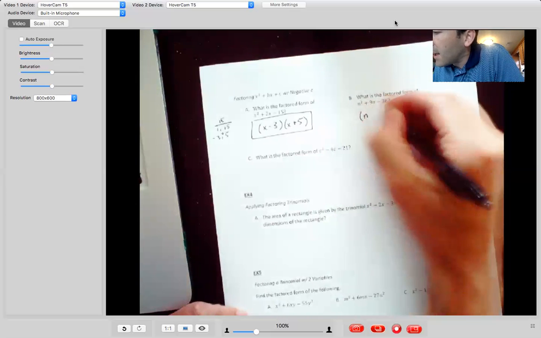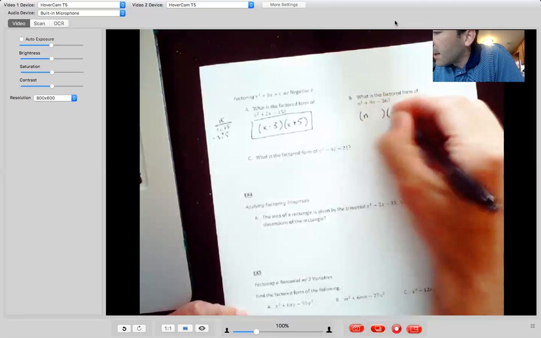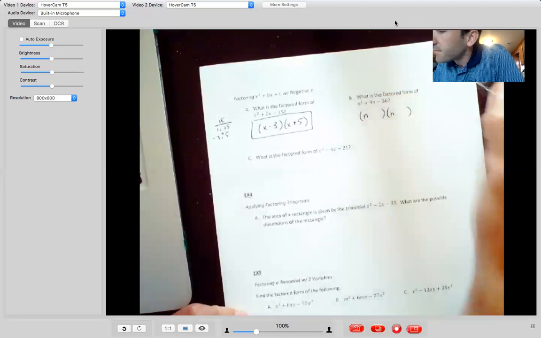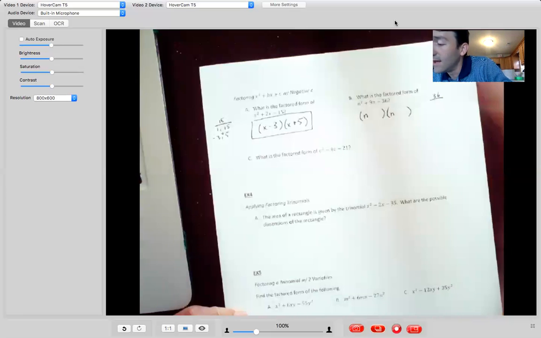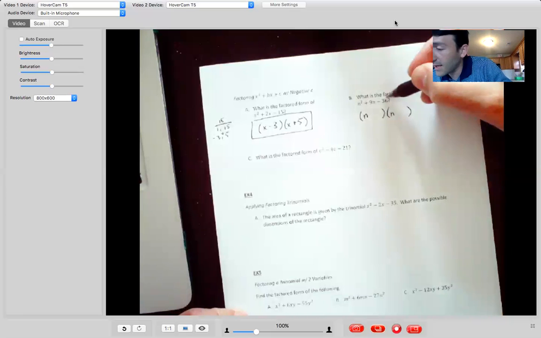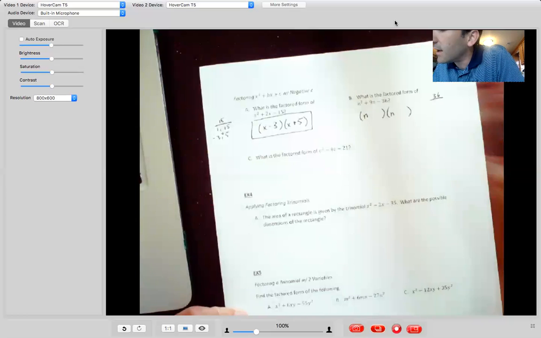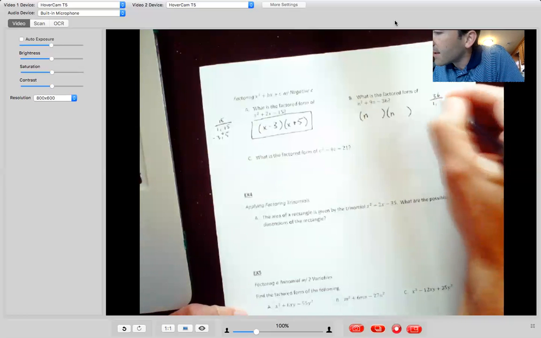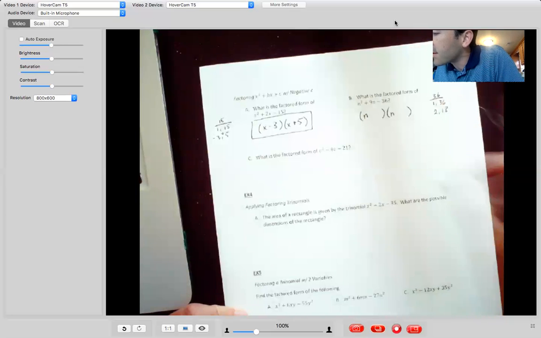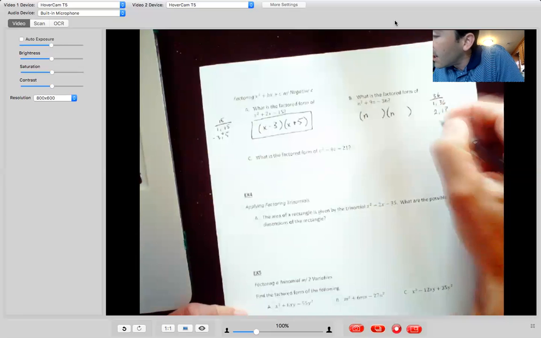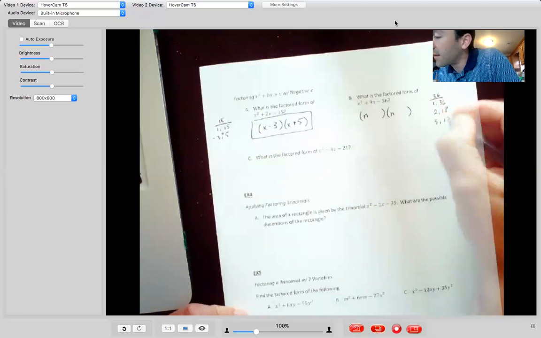Next one's going to be n plus or minus something times n plus or minus something. Looking at our factors of 36, we want the pair that are 9 apart. Okay, so 1 and 36, those are 35 apart. 2 and 18, those are 16 apart. 3 and 12, that's our winner right there.